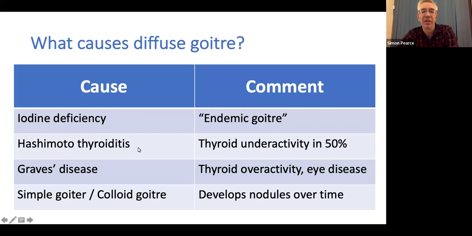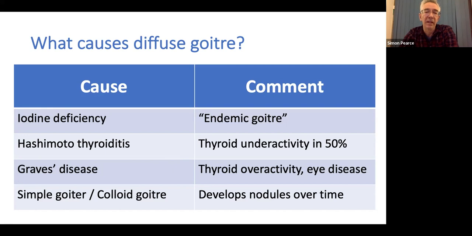Hashimoto thyroiditis is really common in 5 to 10% of women, and about 50% of people will have thyroid underactivity over time with Hashimoto thyroiditis, but that also produces a diffuse goiter. And in Hashimoto thyroiditis, the goiter is partly due to the raised TSH, so your pituitary gland is stimulating your thyroid to do more work, and that causes the cells to enlarge and hypertrophy to try and produce more thyroid hormone.